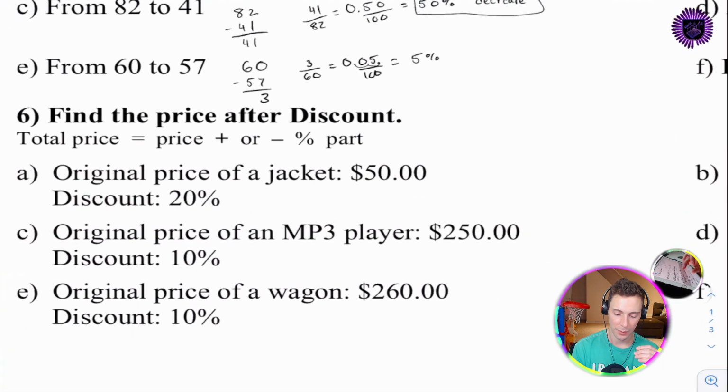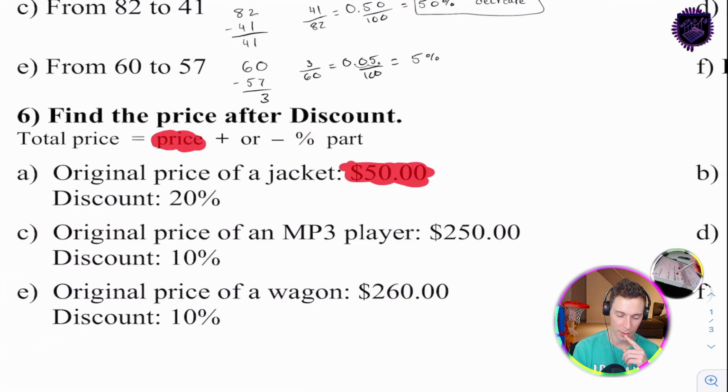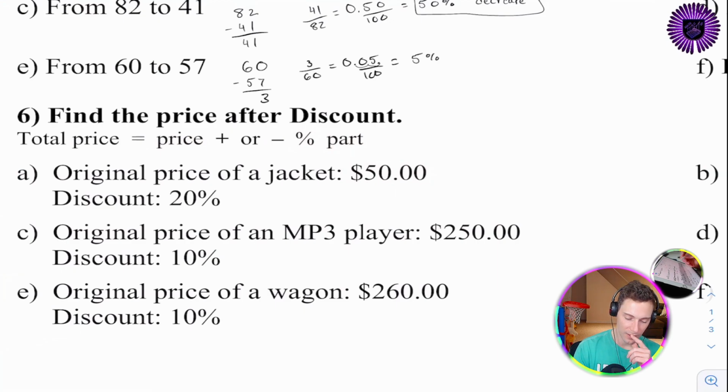So we have to take our total price, and then subtract our part, which is a percentage part. So let's see how we do this.